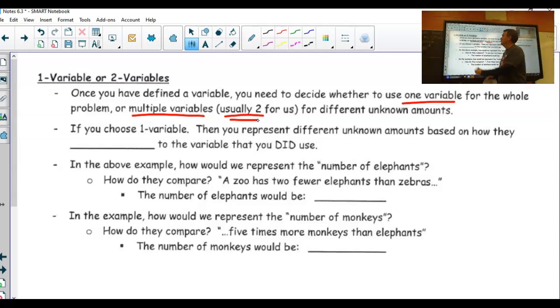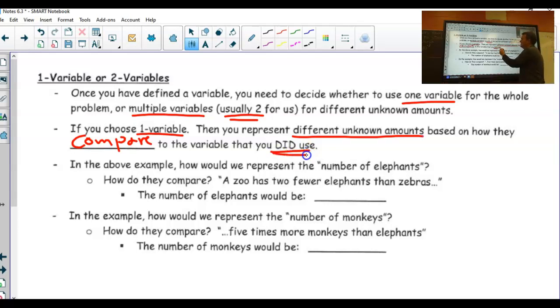If you choose one variable, then you represent the different unknown amounts based on how they compare to the variable that you did use. We used Z. So how do the other unknown amounts compare to Z, the number of zebras?